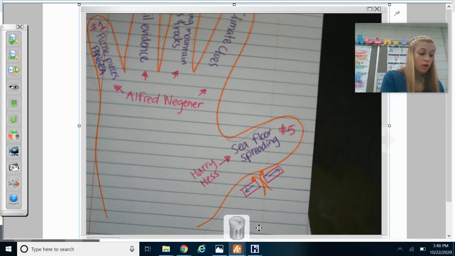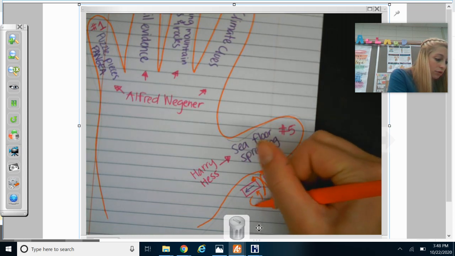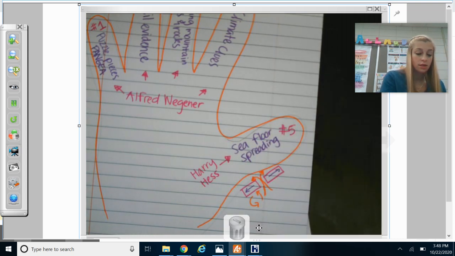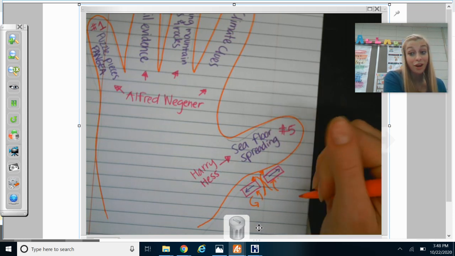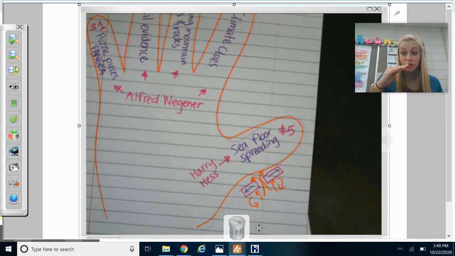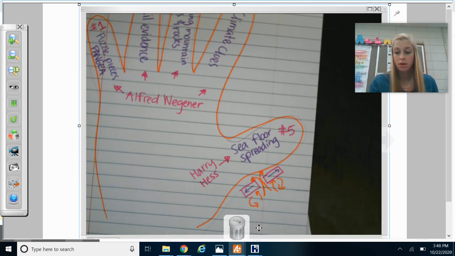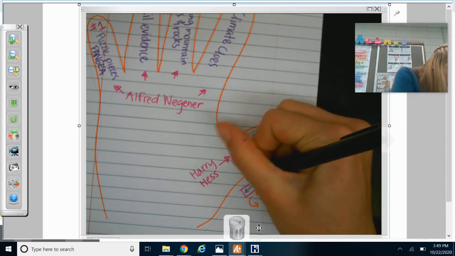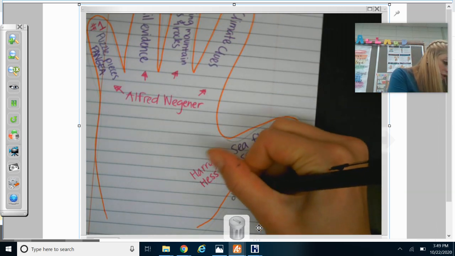It makes a circle because hot magma rises and cool magma falls. I should say cool, not cold. No magma is cold. Cool magma falls. So it makes a circular motion that pushes these plates like a conveyor belt. So I want to label one last thing. This right here is new crust, and on the outside is old crust.